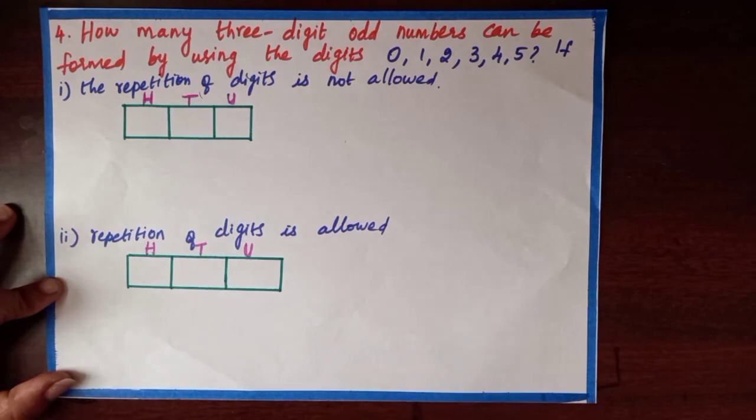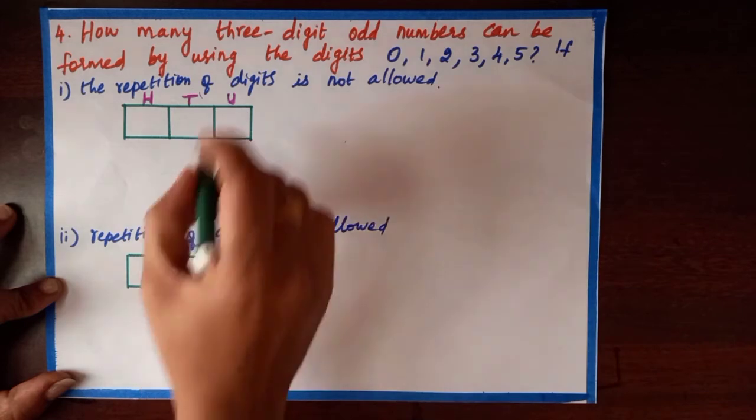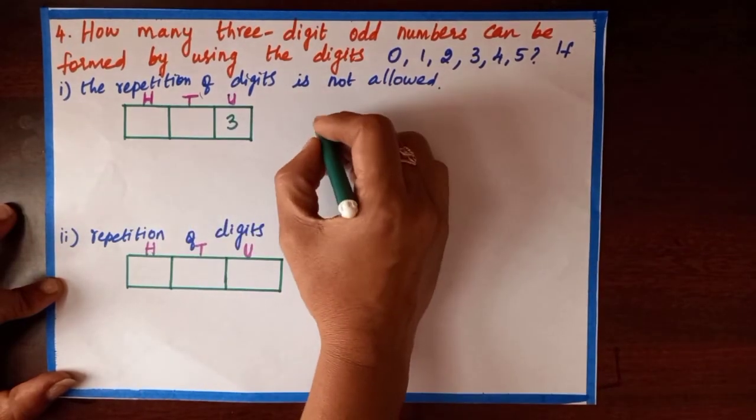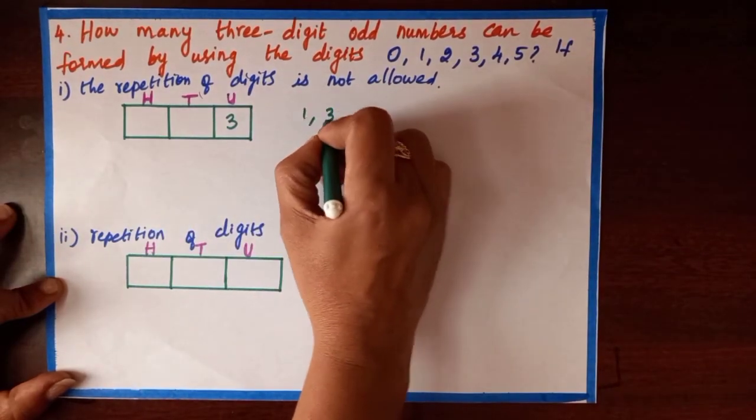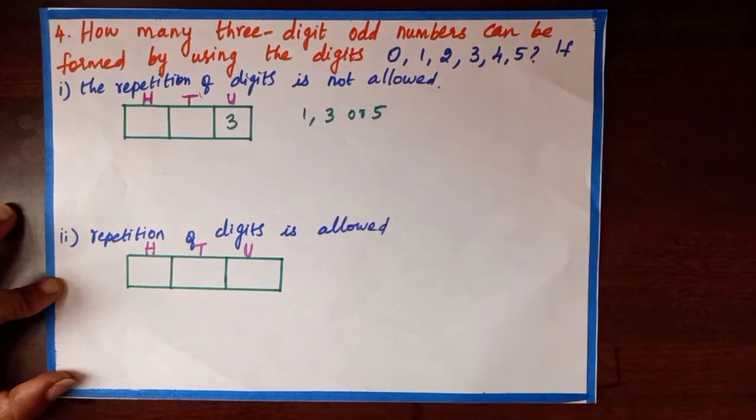Since we need 3-digit odd numbers, the unit place can be filled in 3 ways using the digits 1, 3 or 5. The hundreds place can be filled in 4 ways, excluding 0 and the number you used for ones place, since repetition is not allowed.